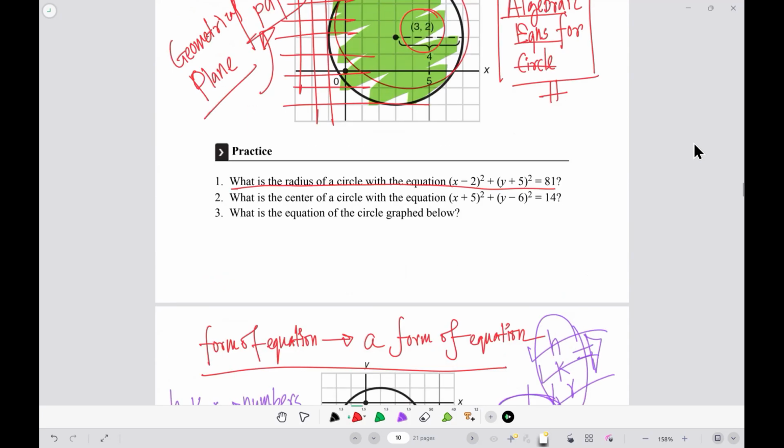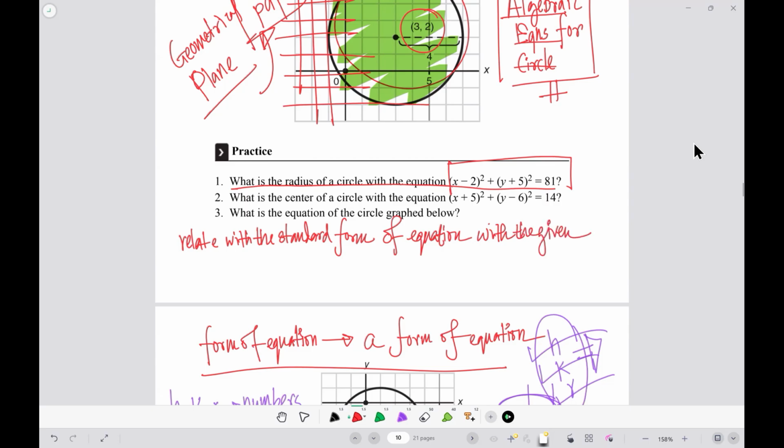I told you that you always need to relate the standard form of equation with the given one.